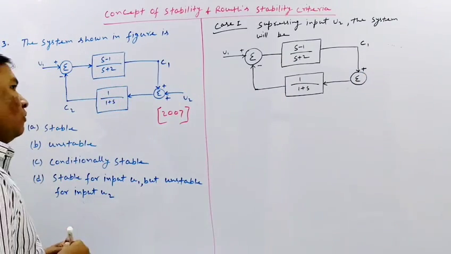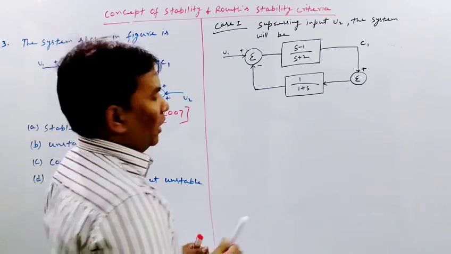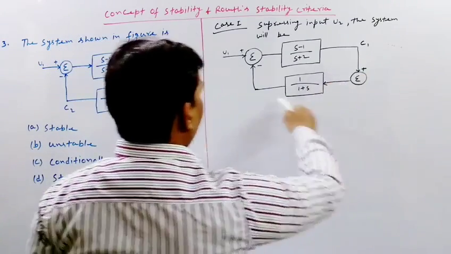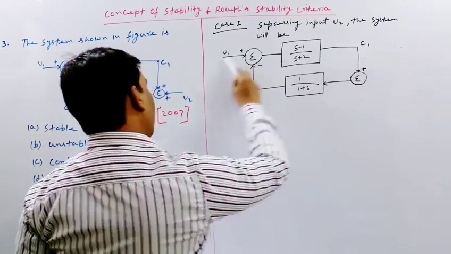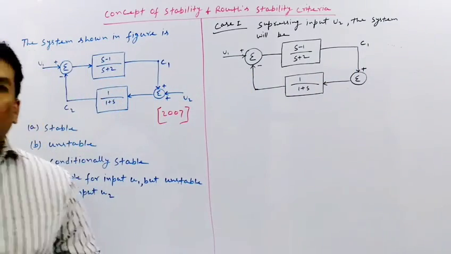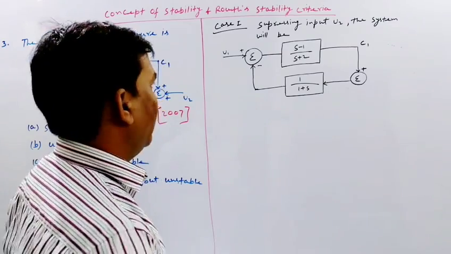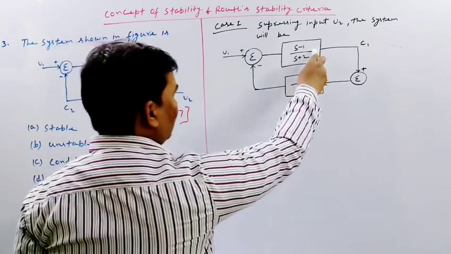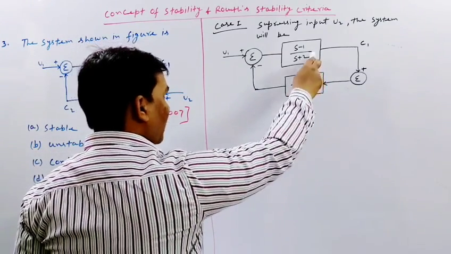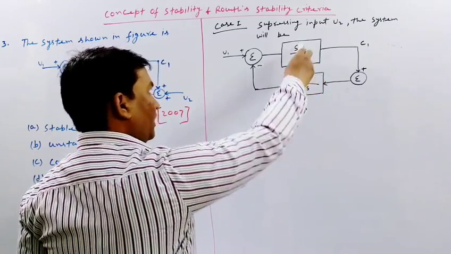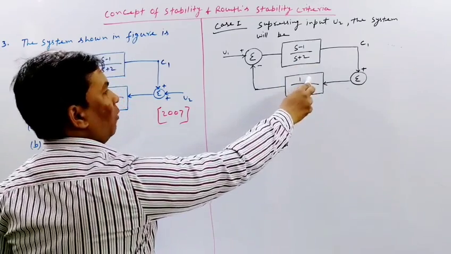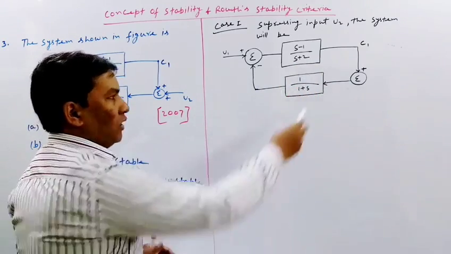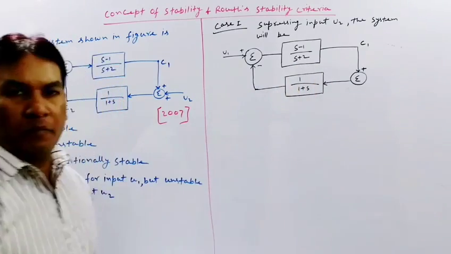Now we can see that it is a negative feedback system with C1 as output and U1 as input. So the transfer function of the system will be T(s) equal to G(s) divided by 1 plus G(s) H(s). Here G(s) will be (s minus 1) divided by (s plus 2) and H(s) will be 1 by (1 plus s) because it is in the feedback loop.